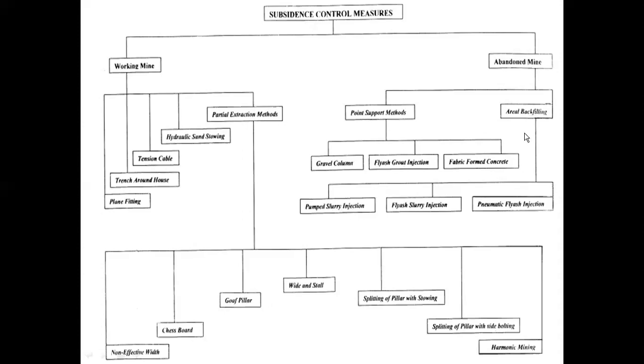Next, area backfilling, pumped slurry injection, fly ash slurry injection, and pneumatic, if it is hydraulically operated, pneumatic fly ash injection. So these are the different methods to control the amount of subsidence on the surface in case of an abandoned mine. This is with respect to carrying out mining activity, and this is in case of an abandoned mine.